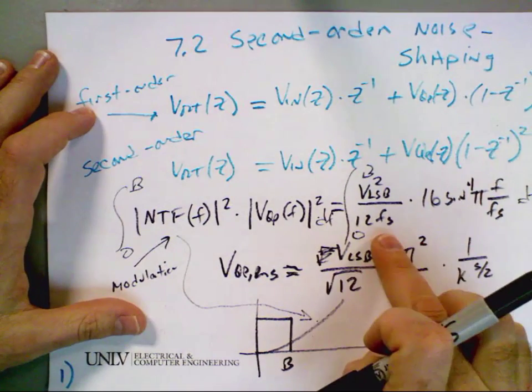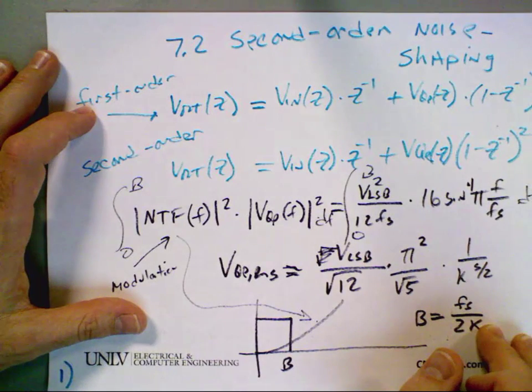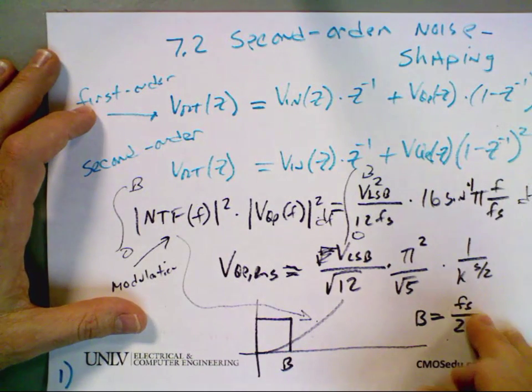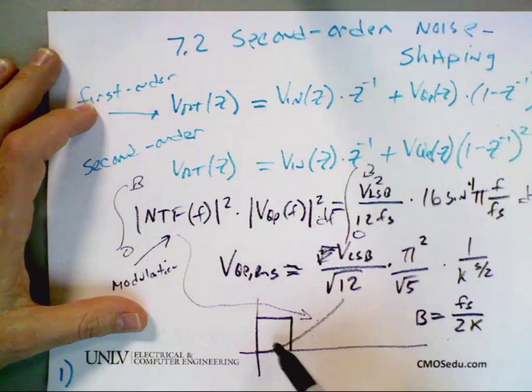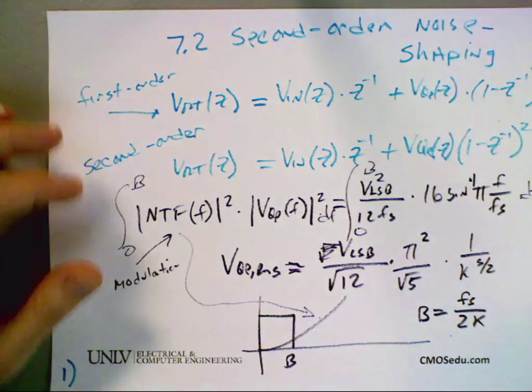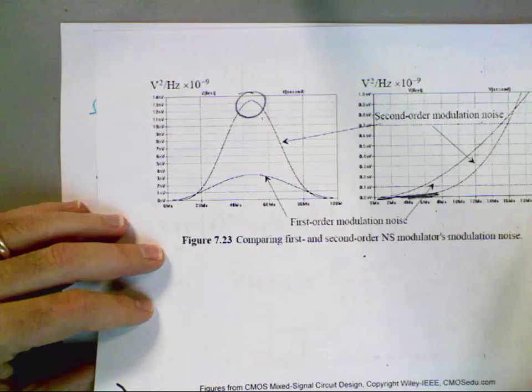Yeah, but it repeats, right? If you look at the spectrum, that's a sinusoid. It's going to go up. This spectrum's going to then repeat, right?